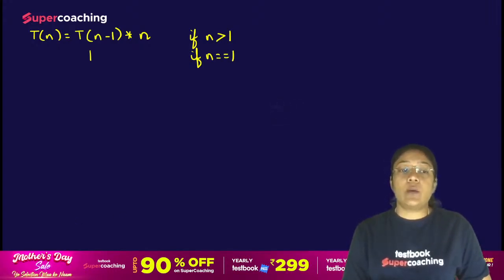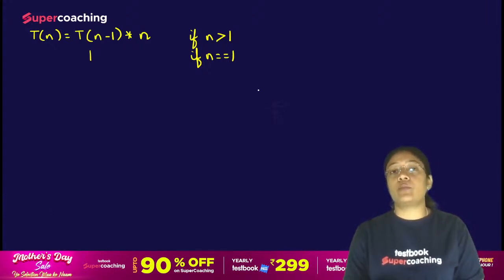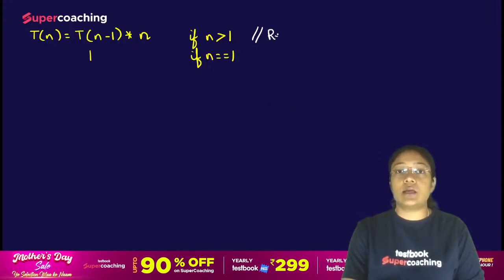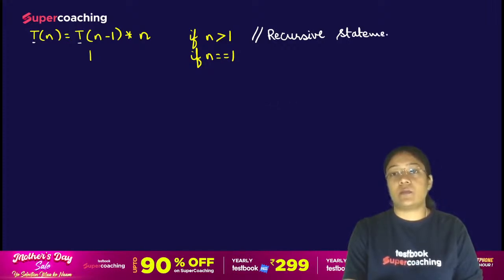So again, we are given the termination condition and the recursive statement, and we have to return the time complexity for the same. The first statement is the recursive statement, because here a function is making a call to itself. And next we have the termination condition.